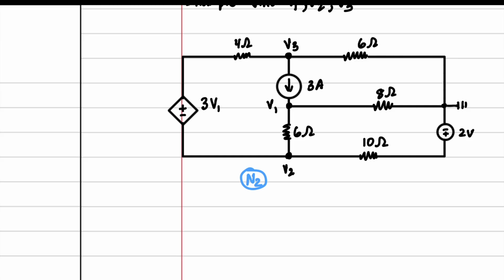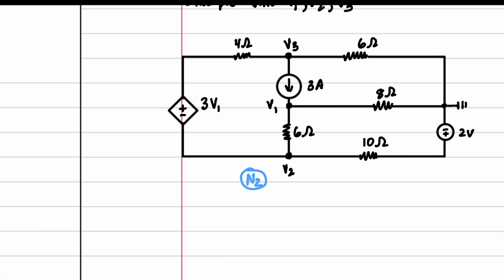During the loop analysis I made it a priority to make a problem using a super loop, but I'd forgotten about super nodes. So I don't remember which video it was on, but we did an example with a super node. And so here's another one of those.